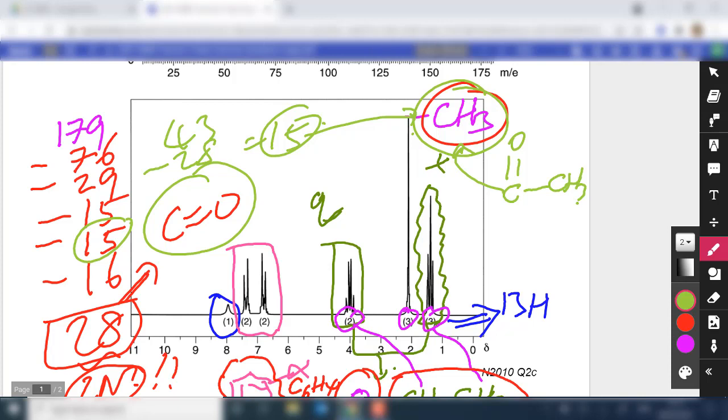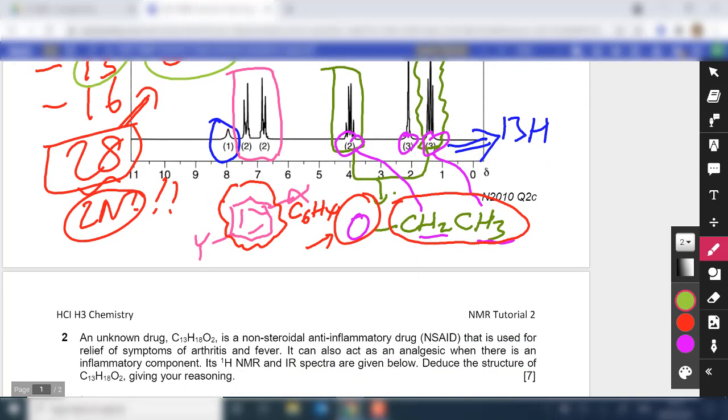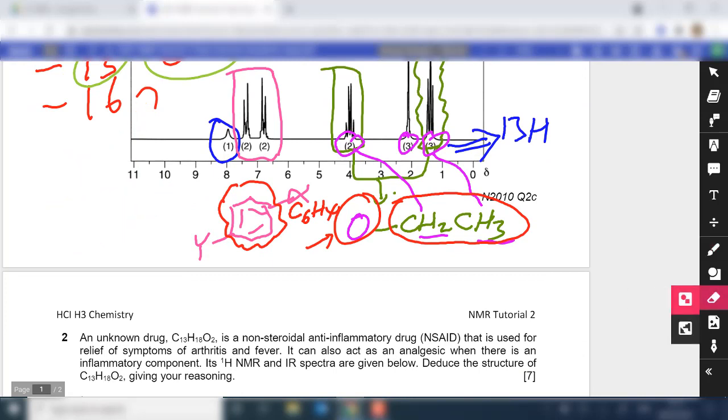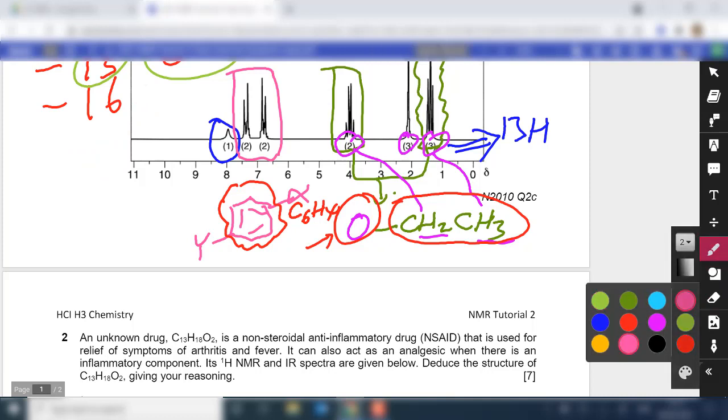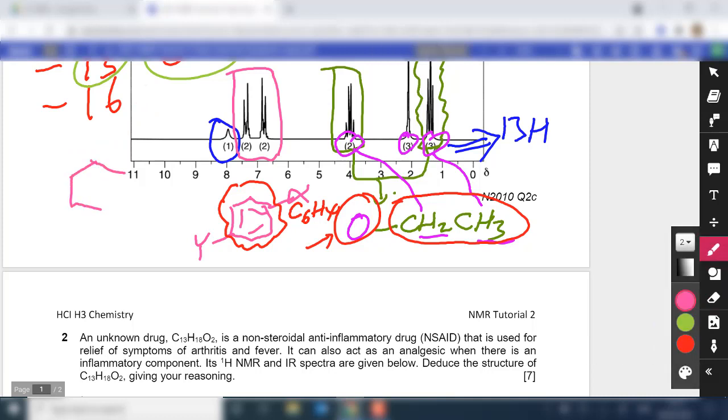So with all this information, I'm going to use an eraser to erase this portion so that I have some space to write. So we started off by postulating maybe a phenyl ring somewhere, with an X and a Y here. So can we just postulate maybe an O ethyl group here first?